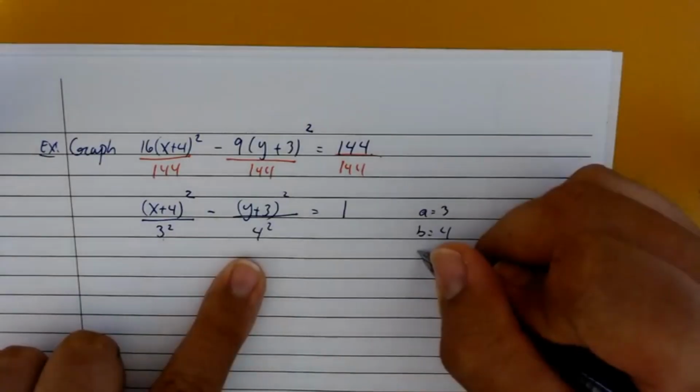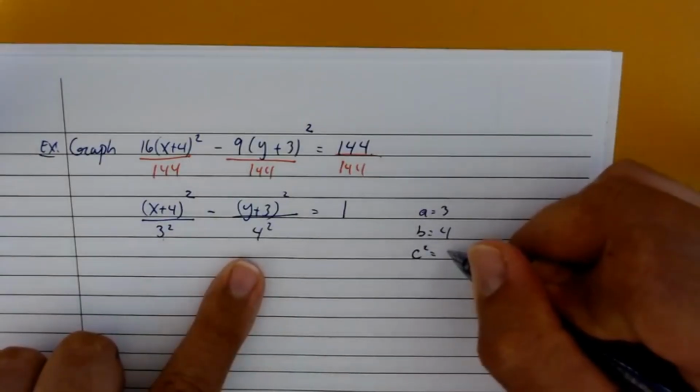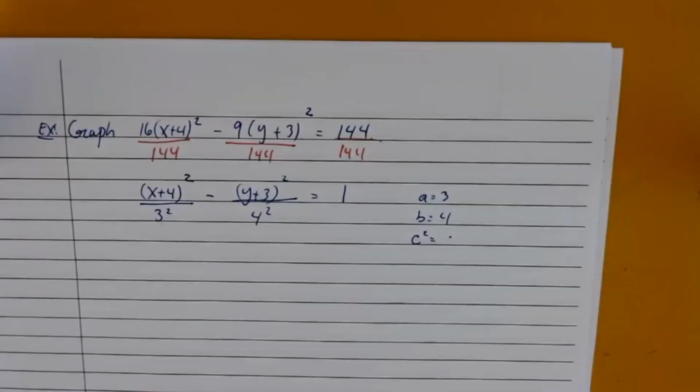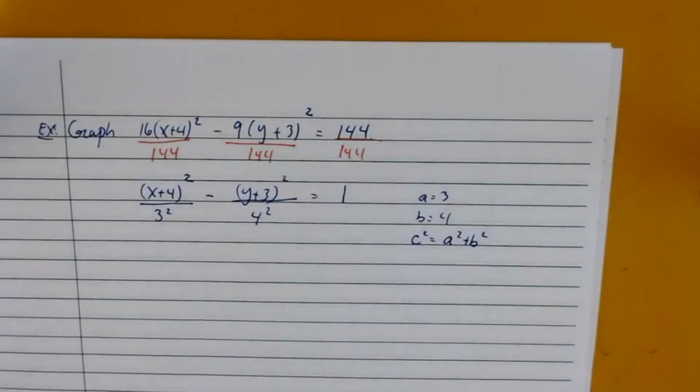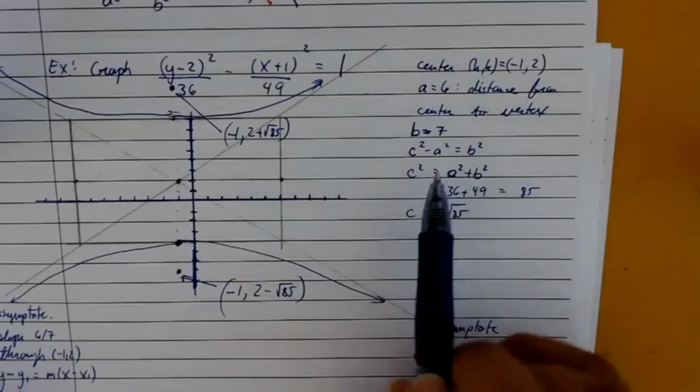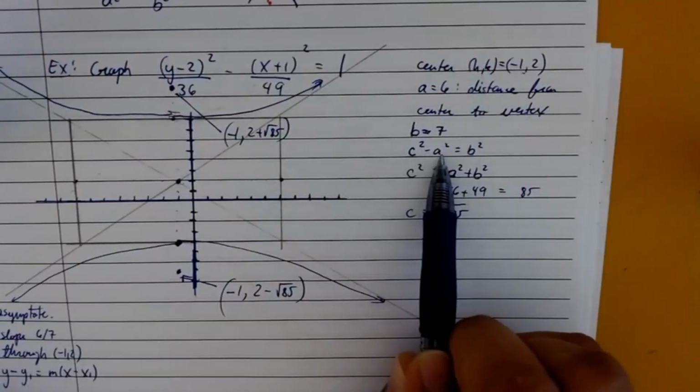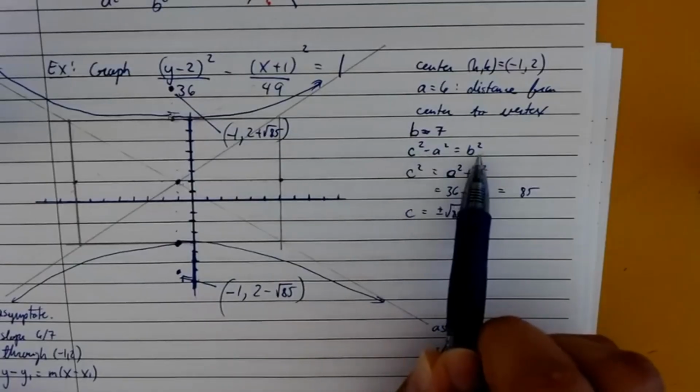We find that c squared is equal to our a squared plus our b squared, just as we saw over here. C squared minus a squared is equal to b squared. You can always add the a squared over.